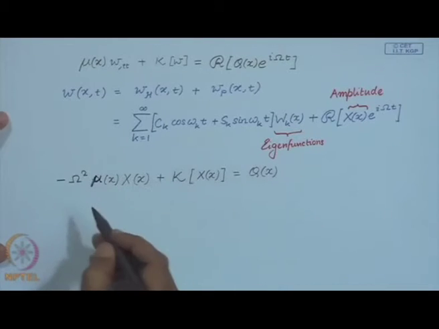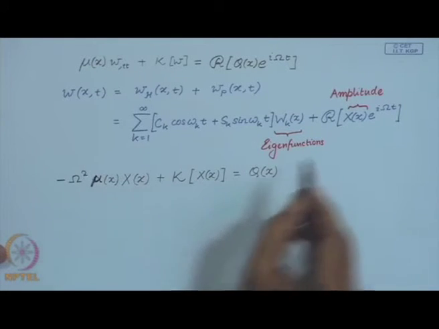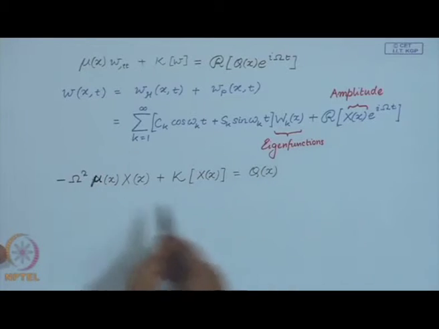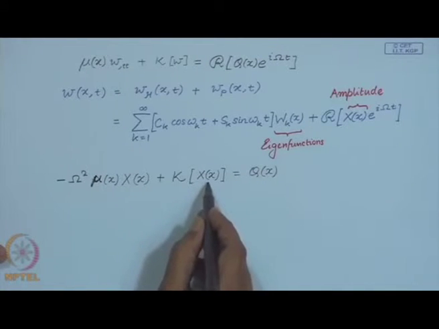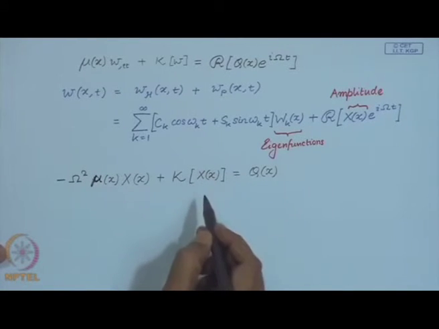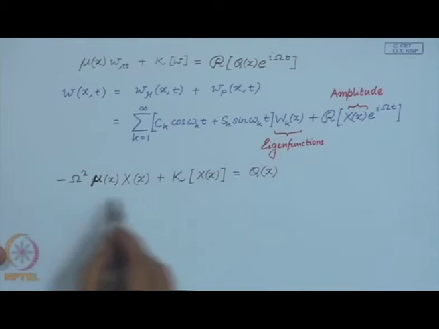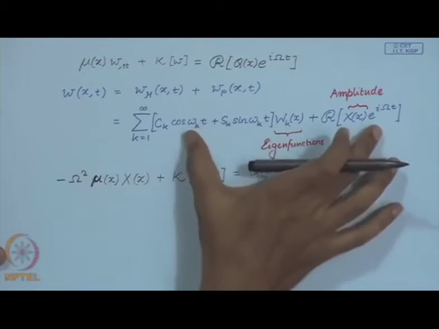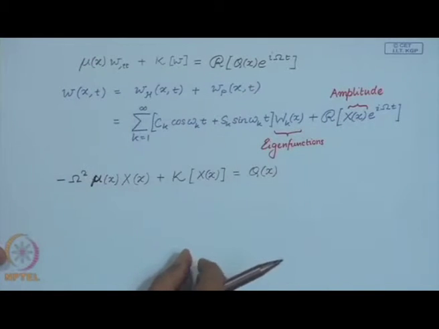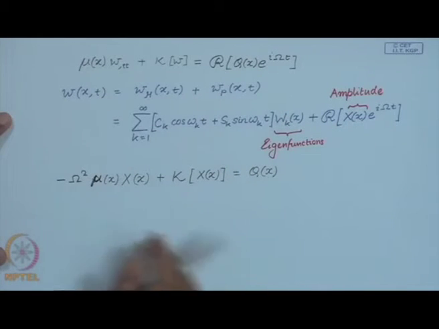So, this is the differential equation in x, for this amplitude function, capital X of the space coordinate small x. This is the differential equation that you obtain by substituting this solution in this equation of motion.